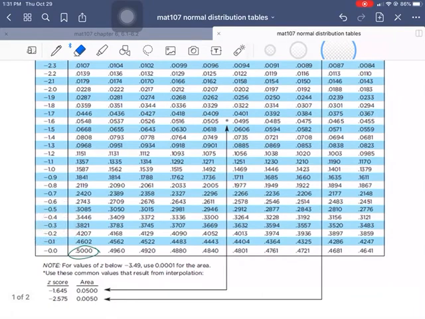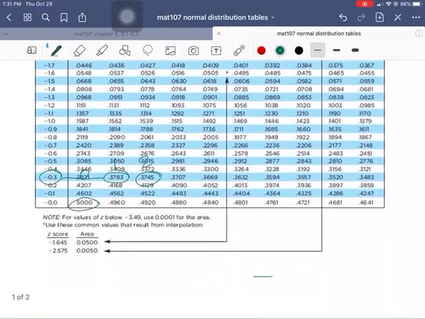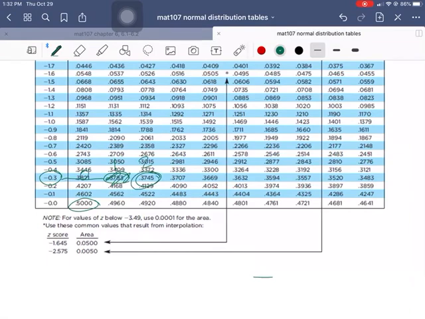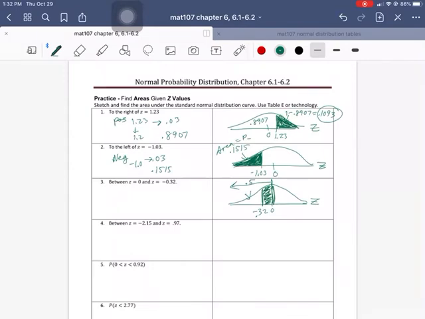0.3. Negative 0.32 would be 0.3745. Wait, no, not 2. Remember, there's a 0, 1, and 2. So 2's here. When you get down on there, don't get lazy about that like I just did. Right there is 0.3745. So let's go back over here.